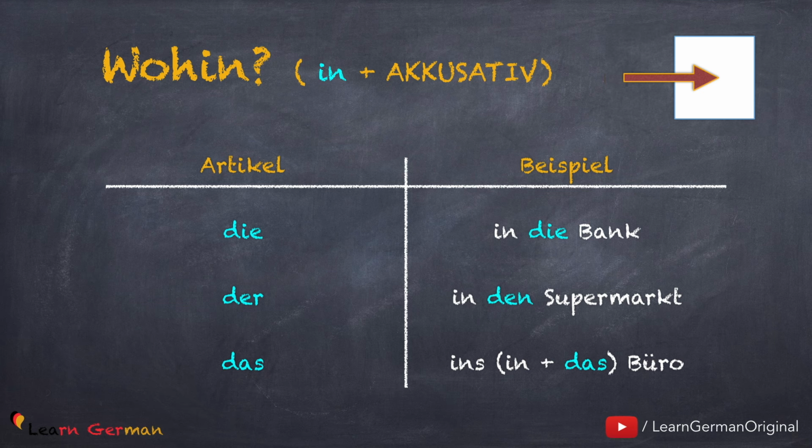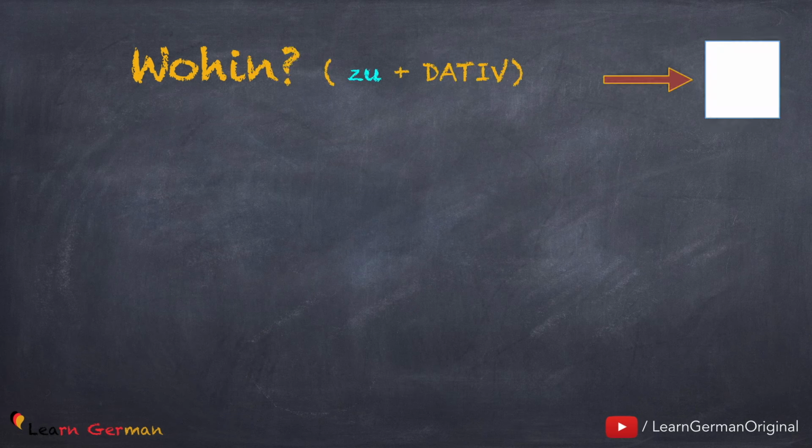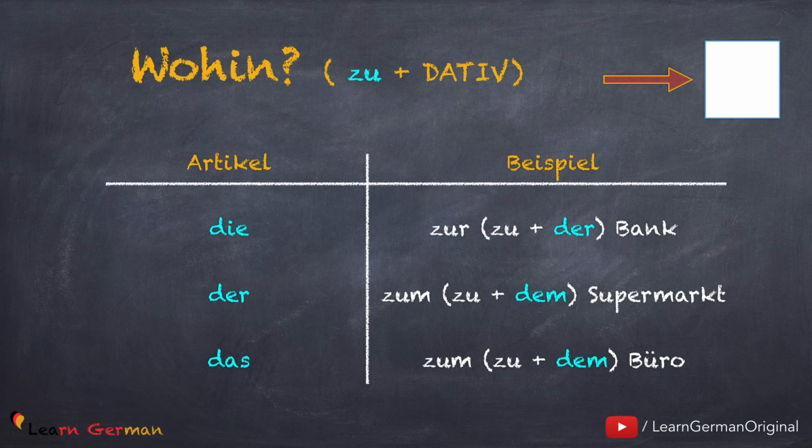And if the article is das, in changes to ins. That means you would say ins Büro. The preposition zu is used when you're talking about going there. Do remember that zu takes the dative article. In this case, you would say zur Bank, zum Supermarkt, or zum Büro.